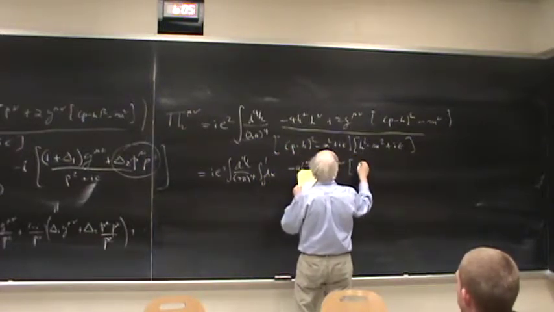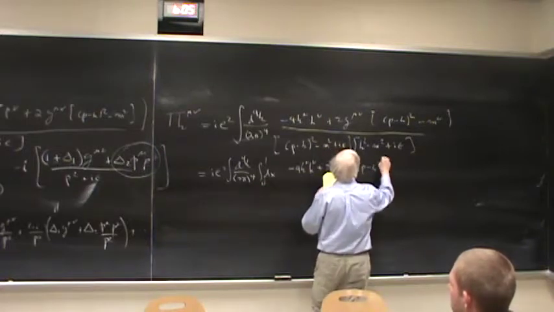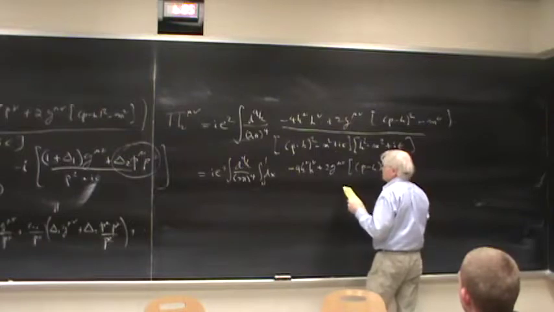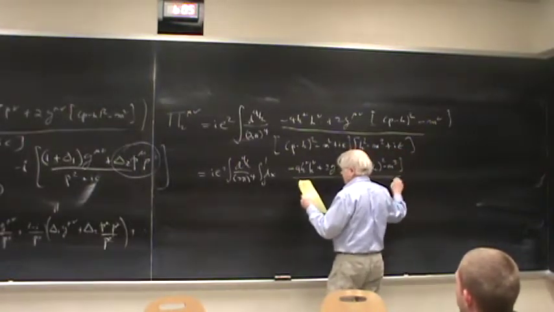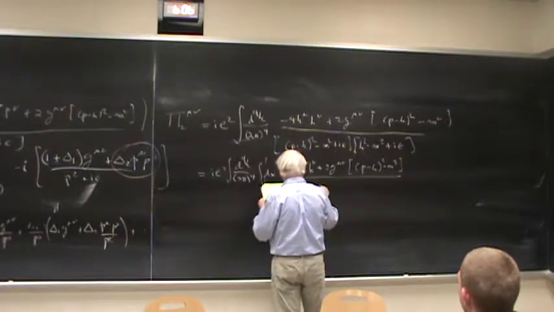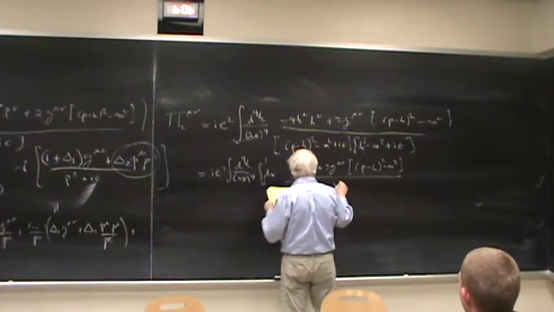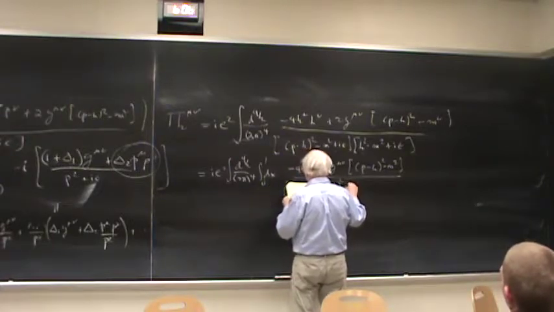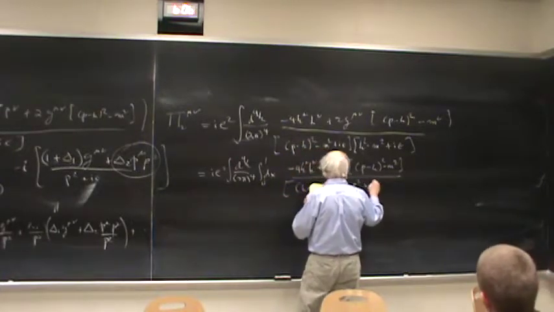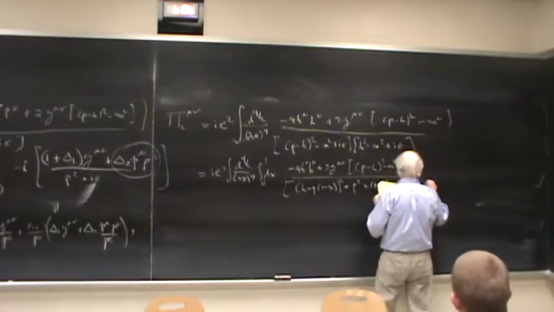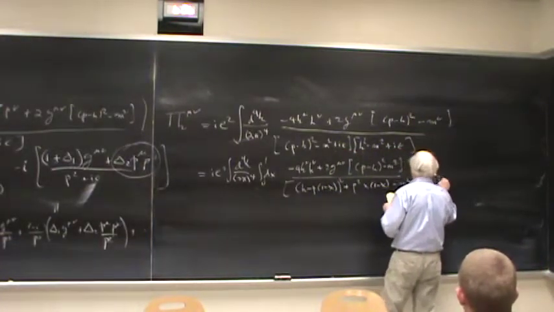Well, it's the same thing up here. P minus k squared minus m squared. And then the denominator is somewhat more complicated. It's k minus p times 1 minus x squared plus p squared x times 1 minus x minus m squared plus i epsilon, all that squared.